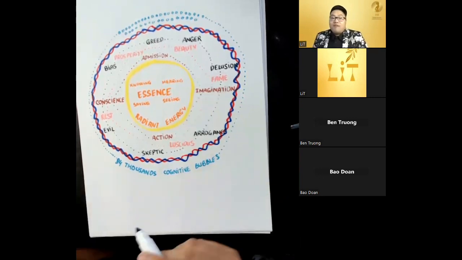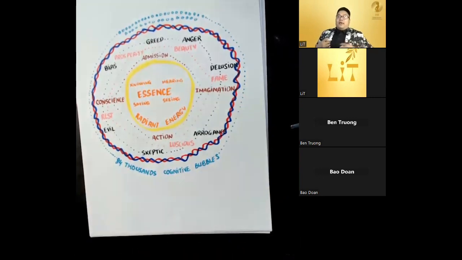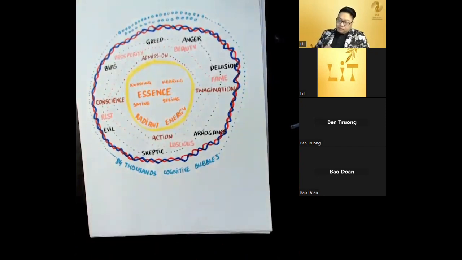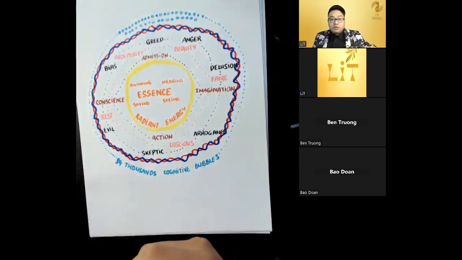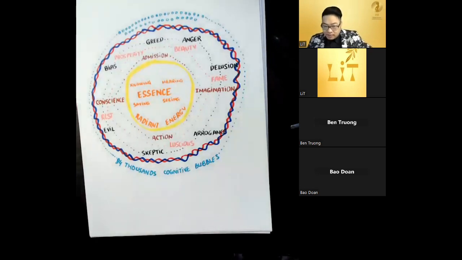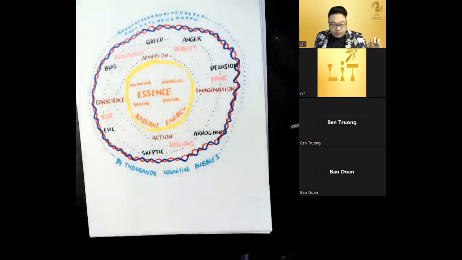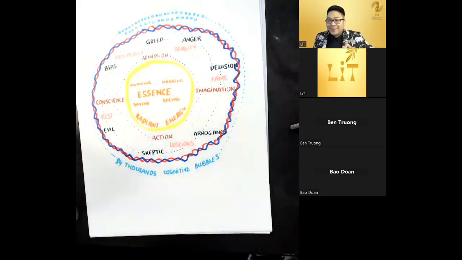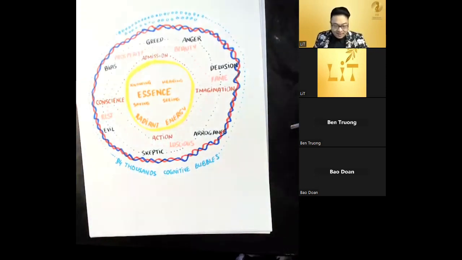These would be like our feelings. And just outside of the 84,000 cognitive bubbles, we have the elemental self. The elemental self of earth, water, fire, air. If you ever watched that show, The Last Airbender. So that would be the elemental self.